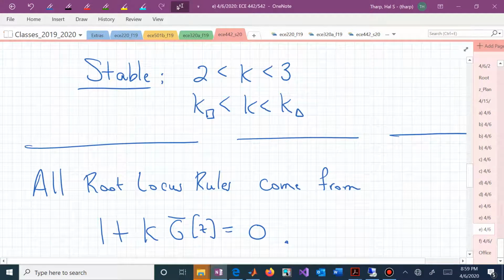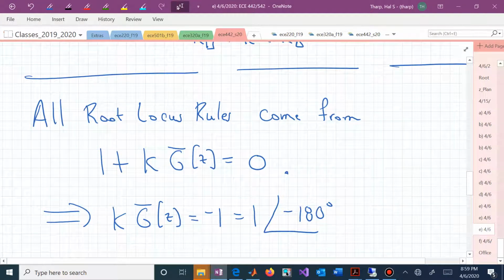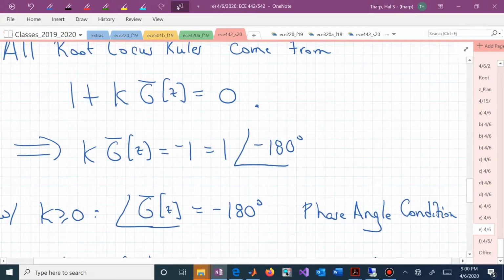Just as a reminder, all root locus rules come from this condition, which is the closed loop pole condition, or the denominator of our closed loop transfer function, 1 plus k g bar of z equal to 0. We subtract 1 from both sides and we have k g bar is minus 1, but we can rewrite that complex number minus 1 as 1 at an angle of minus 180. With k being positive, the angle is not influenced by k, so now we have the phase angle condition, which is the angle of G bar. G bar is our generalized plant.